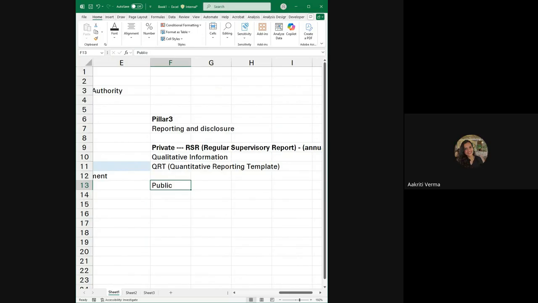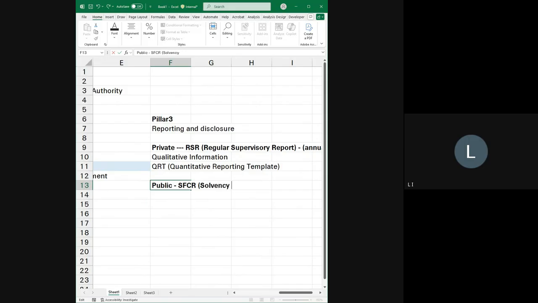Okay. Then you have the public disclosure. Now, public disclosure is sort of like a part of it is voluntary, a part of it is compulsory. So there is a public report similar to the RSR. A public report that needs to be produced in the European Union is called the SFCR. What is the SFCR? SFCR is Solvency and Financial Condition Report.